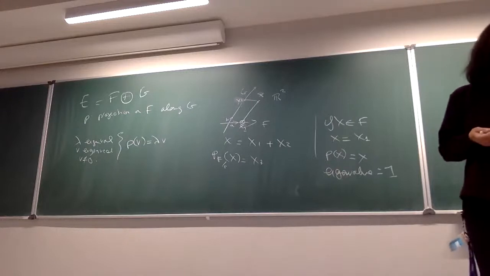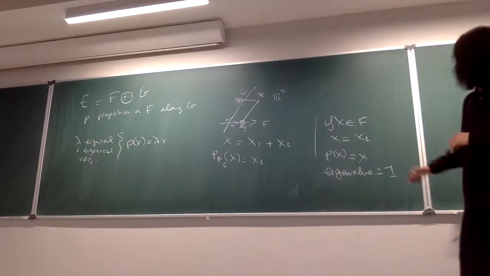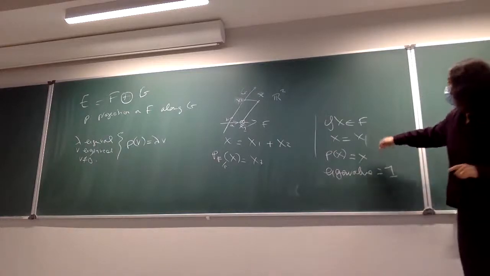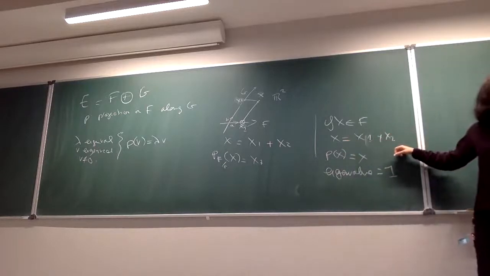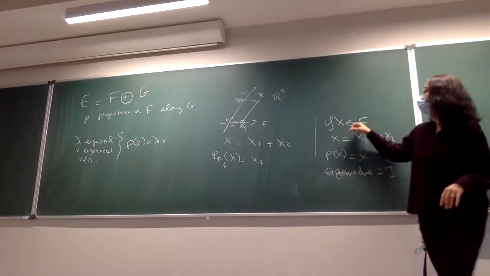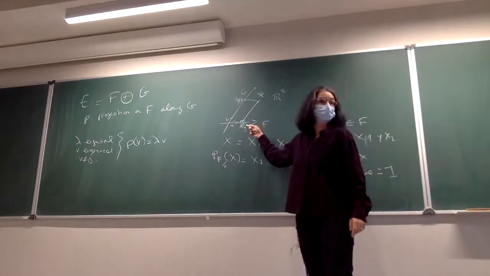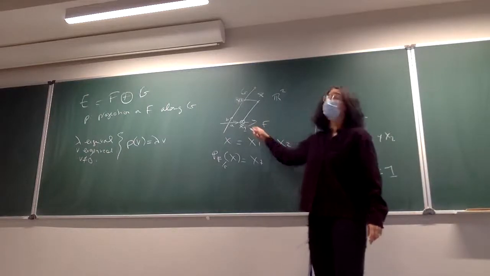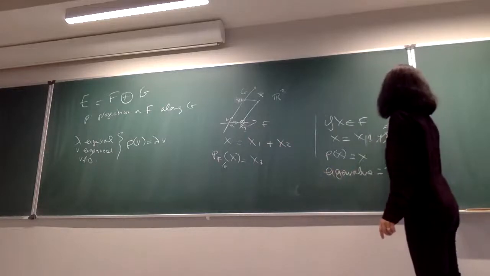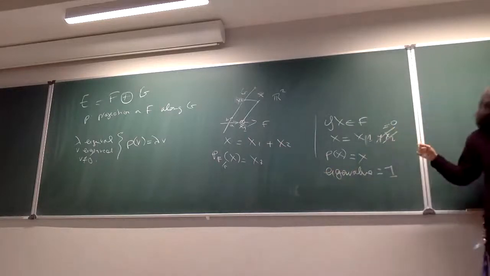Yeah? I did not understand why P of X is equal to X. Okay. This decomposition, you have it always. But if X belongs to F already, it doesn't have any X2 part. Okay, so X2 is equal to 0 for any item in F itself.